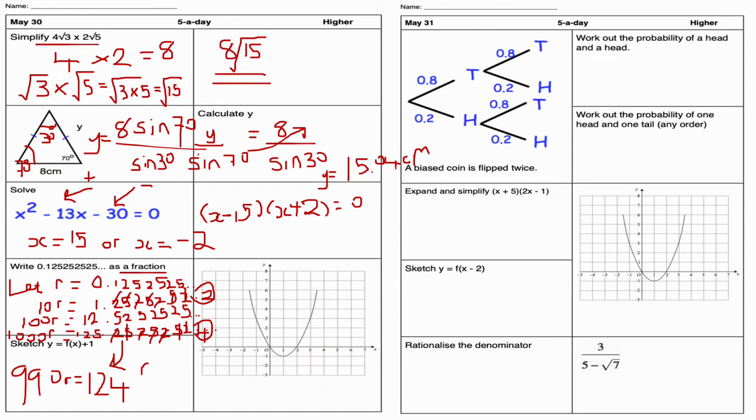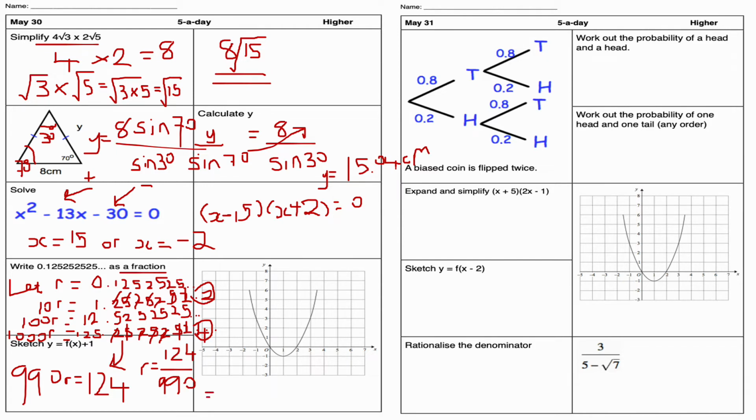Dividing both sides by 990, I get 124 over 990, which I can simplify if I want. I'm going to leave it as that because I don't have much space here to simplify it.